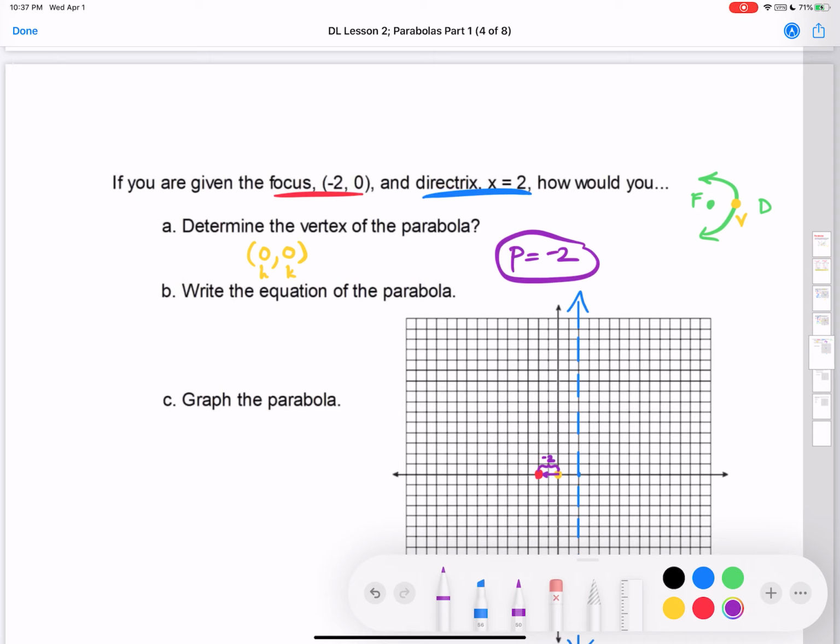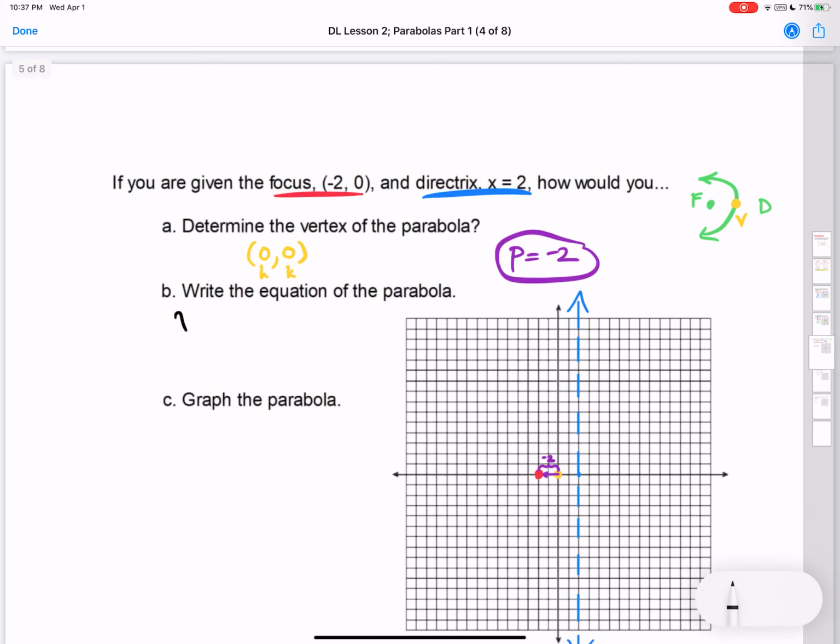Okay, so that's some other information that I need. All right, so now I'm going to think about my equation. And my equation is x minus h is equal to 1 over 4p times y minus k squared. I know it's x minus h because it's a horizontal parabola here. And all I've got to do is substitute. I just need to plug and play.